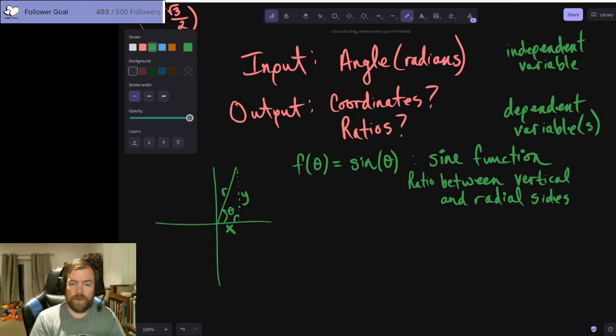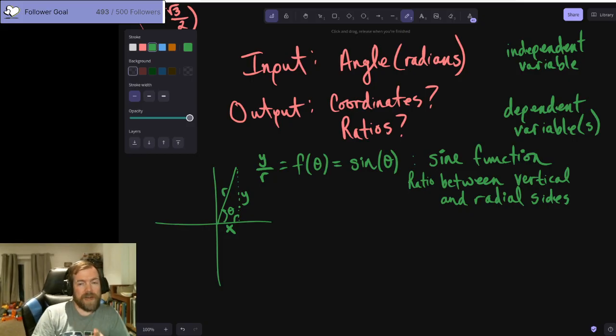So in our diagram, f of theta is going to input our theta, and then it's going to output the ratio between our vertical, which we've labeled y, and radial, which we've labeled r.